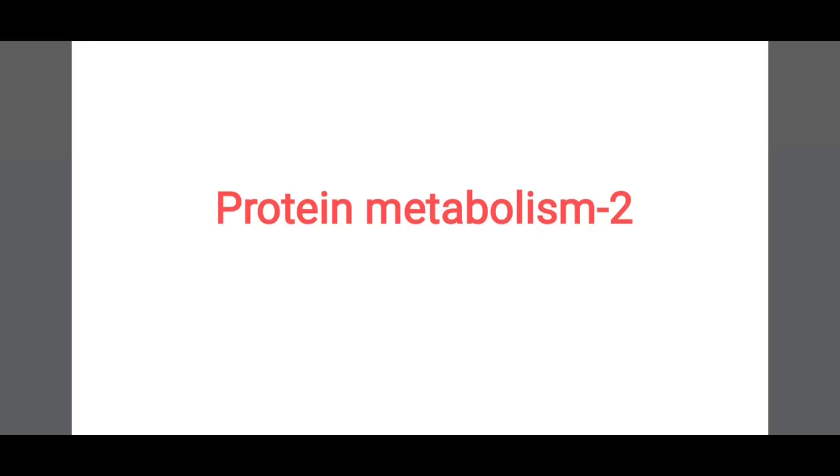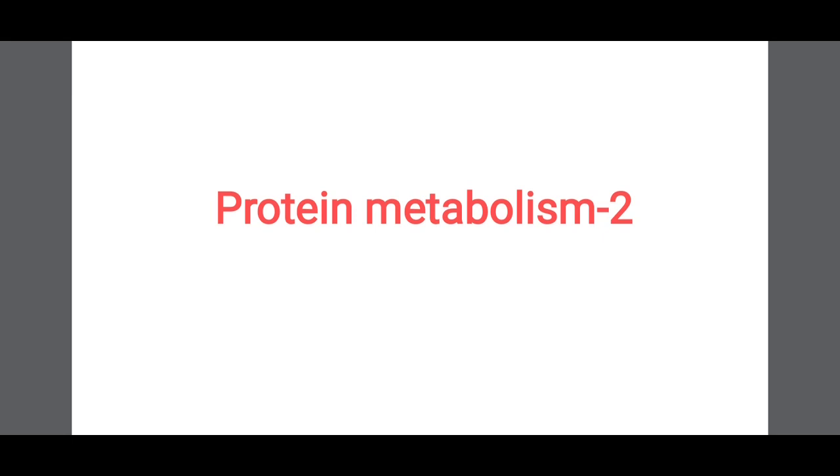Hi everyone. In the last class of protein metabolism 1, we saw the digestion and absorption of proteins and amino acids in the body, the catabolism of amino acids, the urea cycle, and the regulation and disorders of the urea cycle. So in this session we'll study further metabolism.